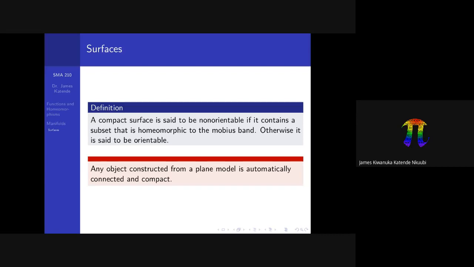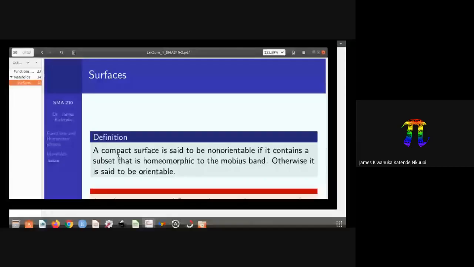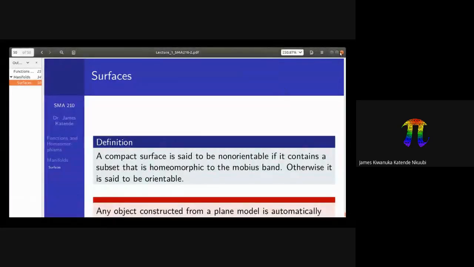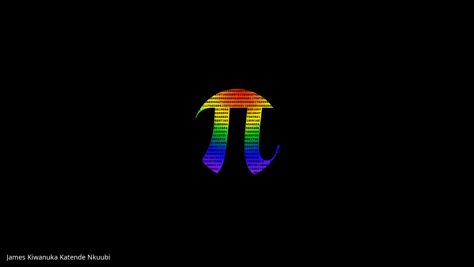Now, the rest of the stuff we needed to do requires your knowledge of the plane models. So that is the reading assignment I want to give you. I will just stop this display and now share the pages in the book that I want you to look at.